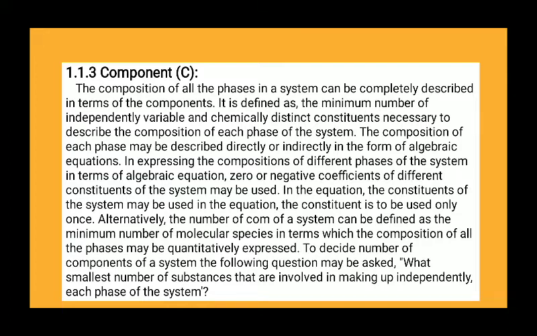To decide the number of components of a system, the following question may be asked: what is the smallest number of substances that are involved in making up independently each phase of the system?